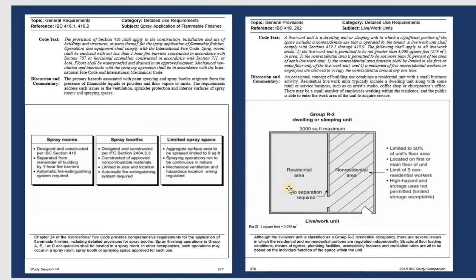This is another example for a dwelling or sleeping unit, and they need to be separated with a wall like this. If you use non-separated, this one should be limited to 50% of the floor plan, located on the first main floor, accessory residential, non-residential worker. This is the worker area, and after that, high hazard for the story use is not permitted.